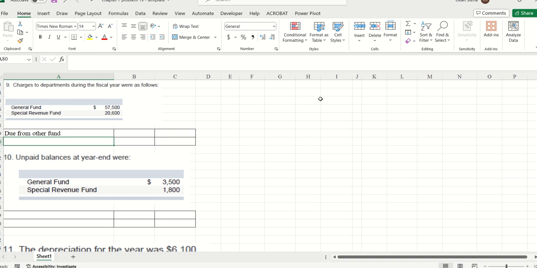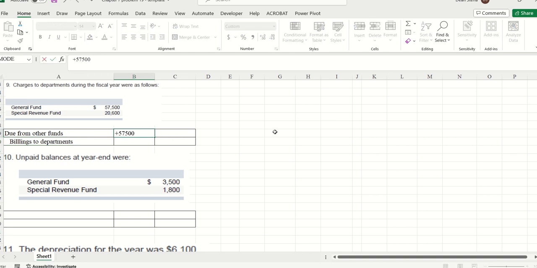It's due from other funds. And then we're going to have billings to departments. And all we're going to do is add those two together, the 57,500 and the 2,600, and we get 78,100.